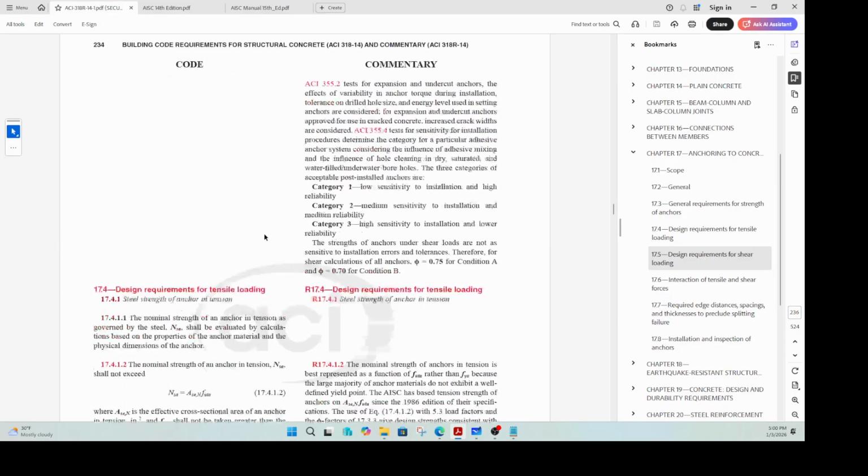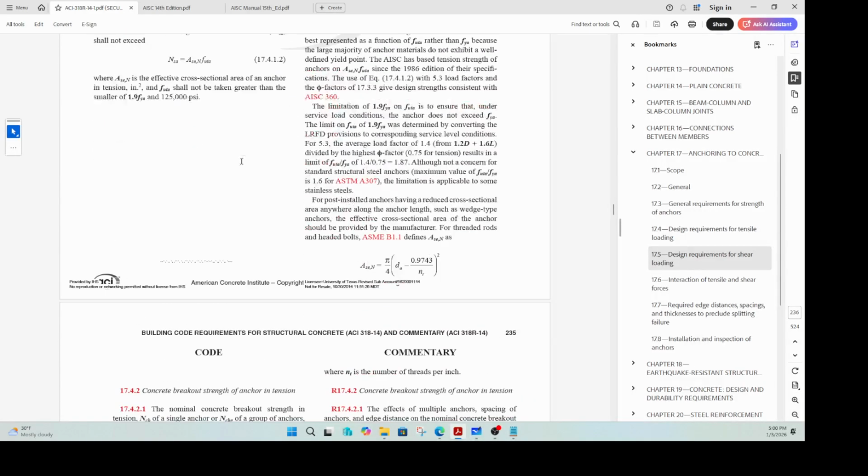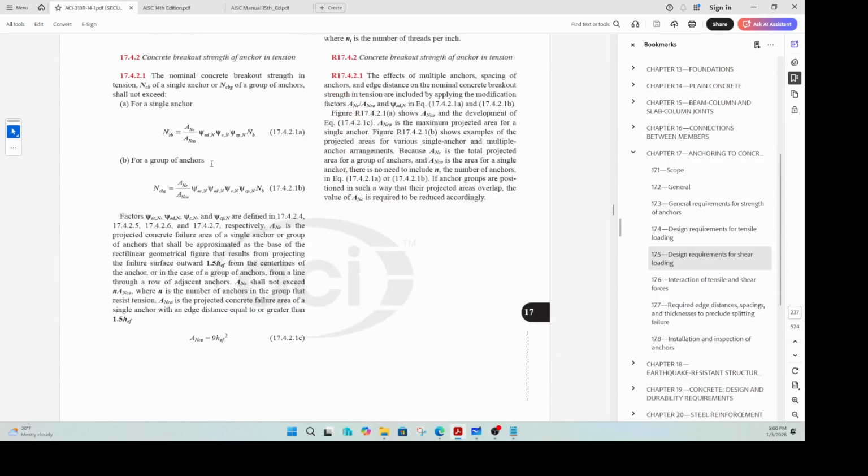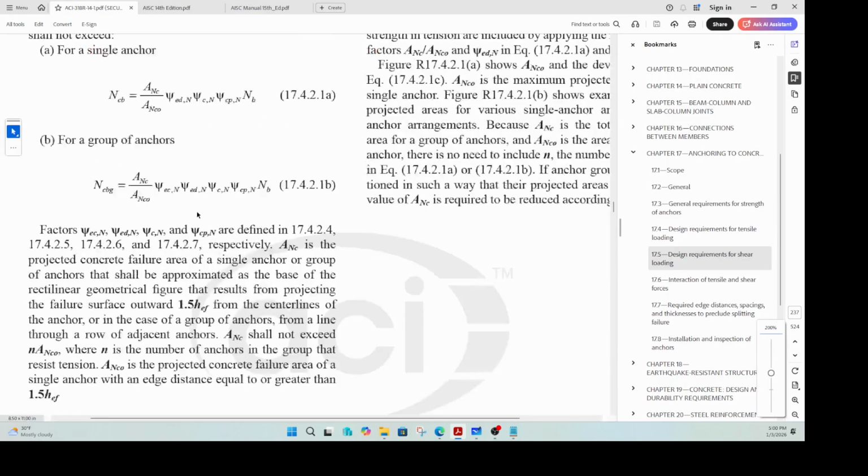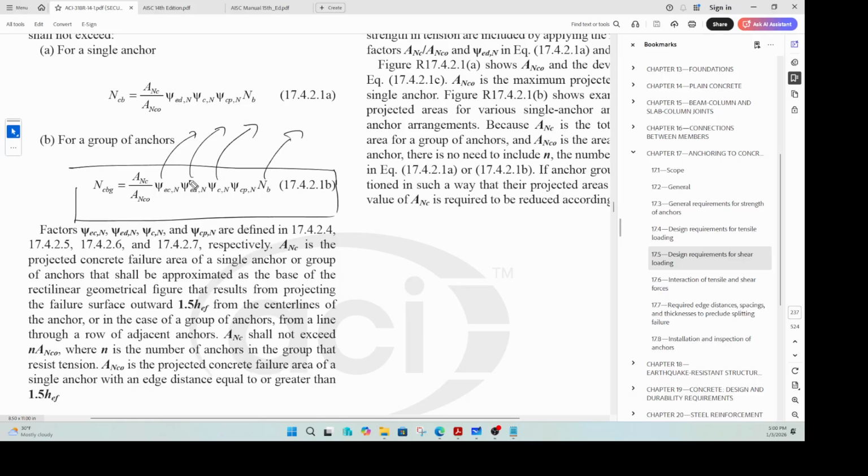Okay, so let's see how you calculate NCPG right here. Okay, so NCPG, that equation: basic strength, eccentricity related modification, edge distance related modification, is your concrete cracked or uncracked, is there supplemental reinforcement, or is this post installed.